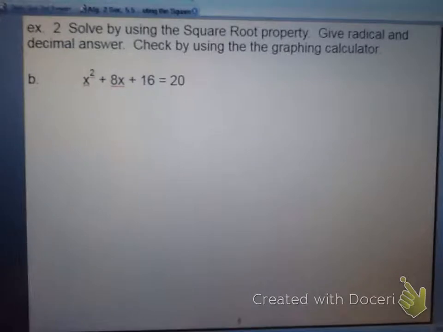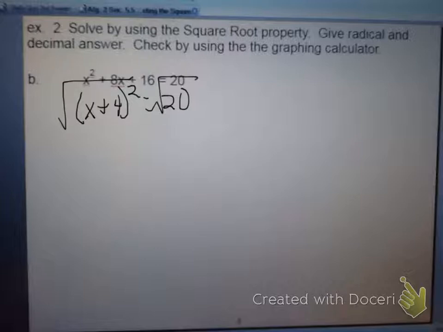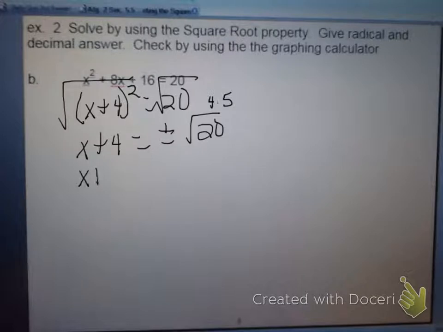Example 2, we're going to factor x plus 4 quantity squared is equal to 20. Take the square root, so that's x plus 4 is equal to plus or minus the square root of 20. Now I know that 20, I'm going to break that down to 4 times 5. So I'm going to do a little of this mentally.